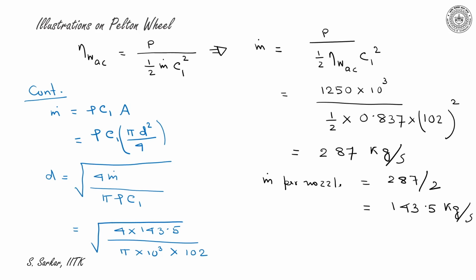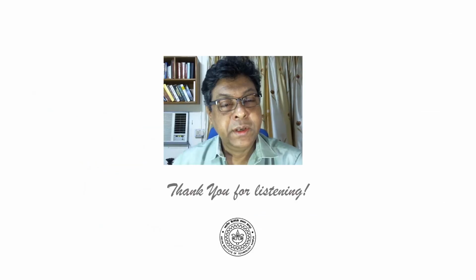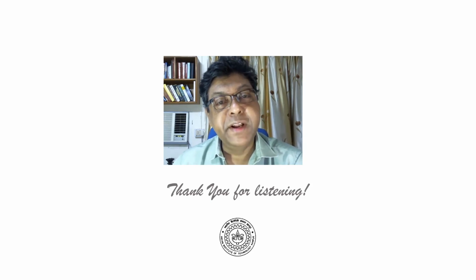If you do this calculation, I have got D as 42.3 millimeter. So this is another answer. The diameter of the jet here is 42.3 millimeter. So thus I have solved the problem. I have solved two problems here pertaining to Pelton wheel. Thank you for listening.